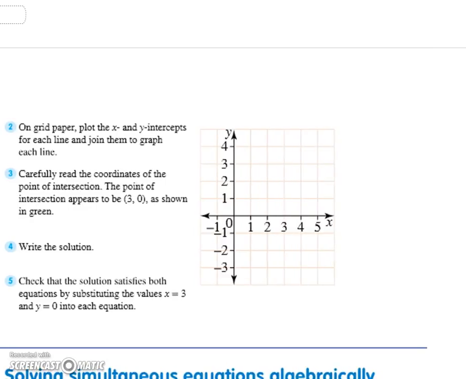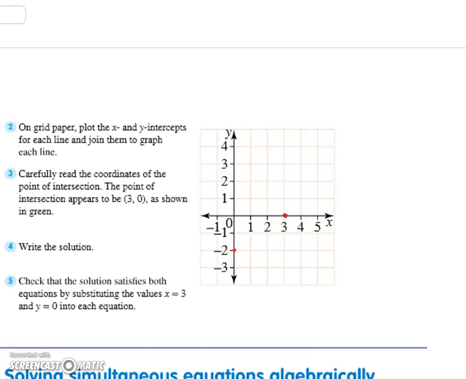Where's our first point? We go across to 0 and down to minus 2. Then where's the other point? 3, 0, which is there.